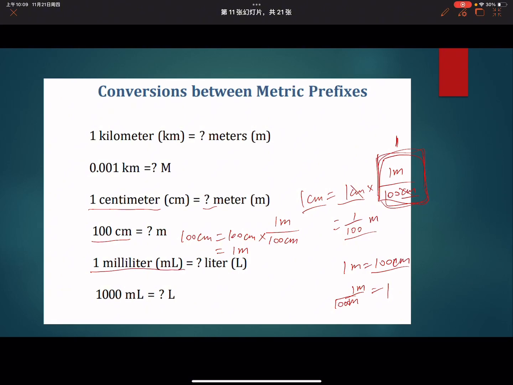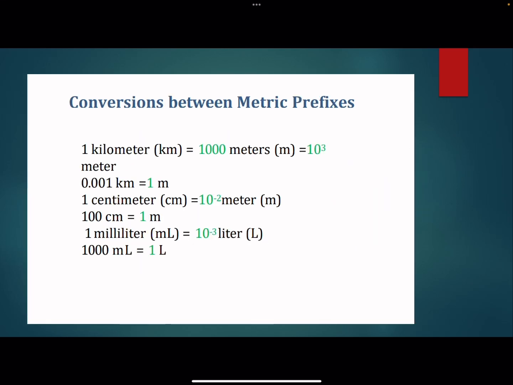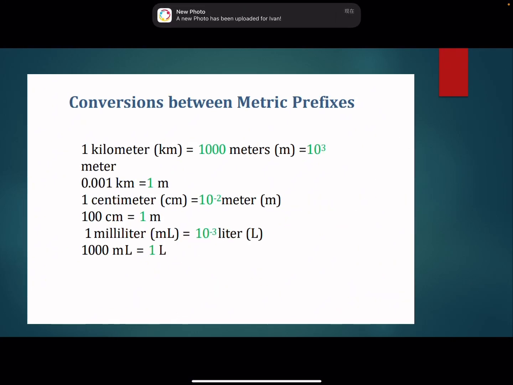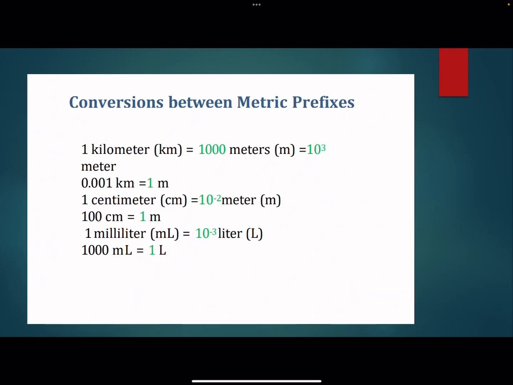1 milliliter is how many liters? The converter is 1,000. So 1 liter equals 1,000 milliliters. So 1 milliliter would be 1 over 1,000 liter. 1,000 milliliters will be 1 liter. Converting between metric prefixes: 1 kilometer equals 1,000 meters, which equals 10 to the 3 meters.